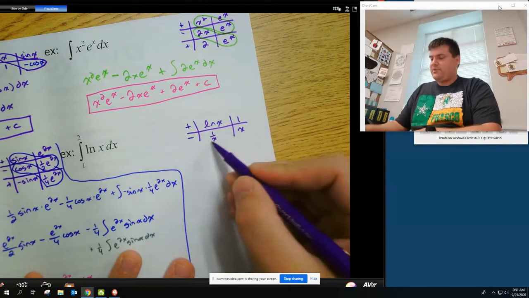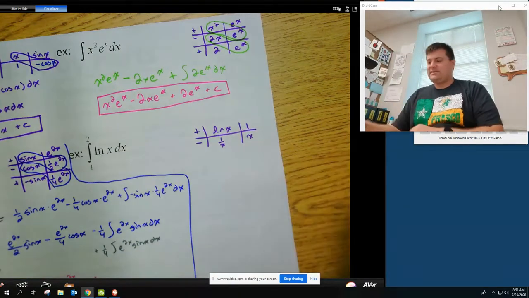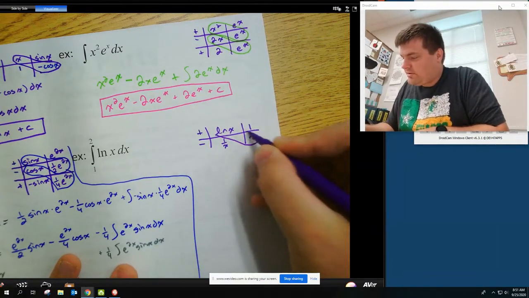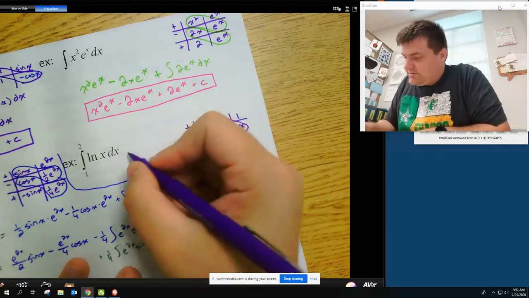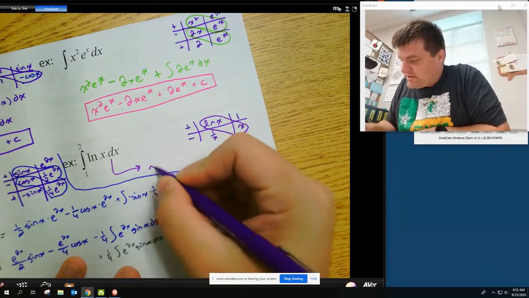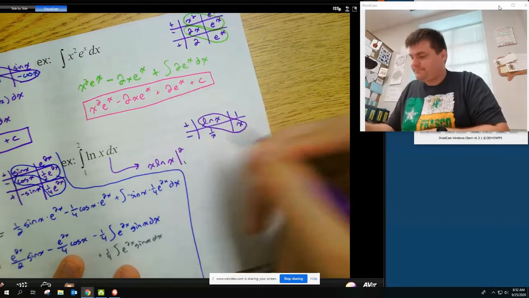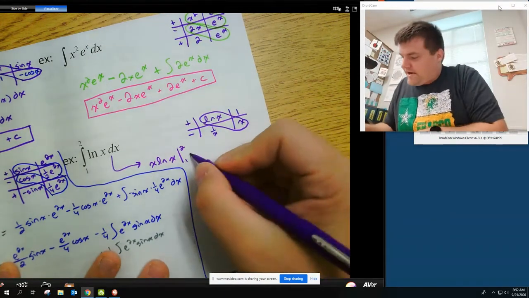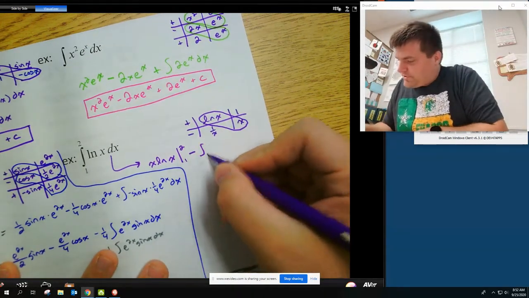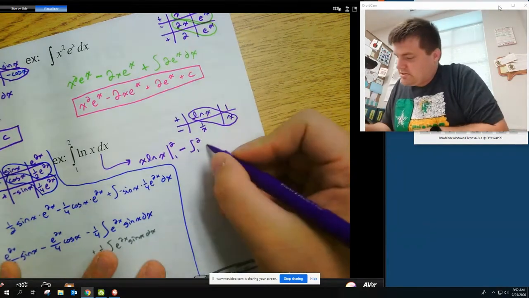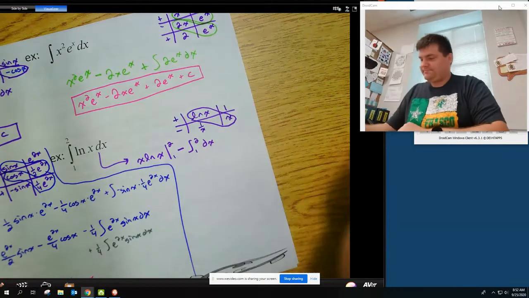And look, if I multiply 1 over x times x, I can take the antiderivative of that, and it'll be totally cool. So I'm going to be left with x ln of x. I'm going to evaluate that from 1 to 2 minus the integral from 1 to 2 of x times 1 over x, which is just 1, dx.